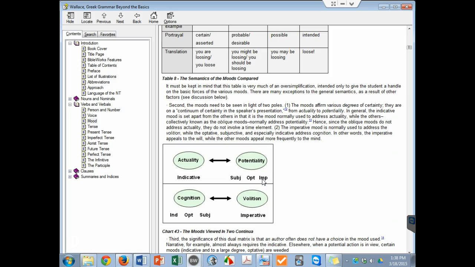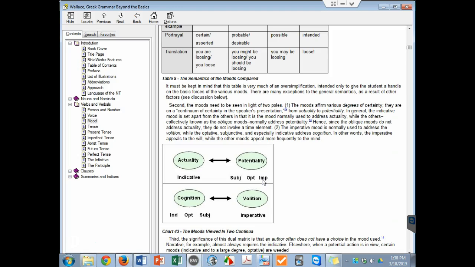So how is Wallace saying that the imperative has anything to do with volition in that case, after listening to your reasoning as to why? Well, the volition is not of the speaker, but of the listener. Okay. So I'm addressing your will when I say, get up. And your will decides I will get up or I won't get up.